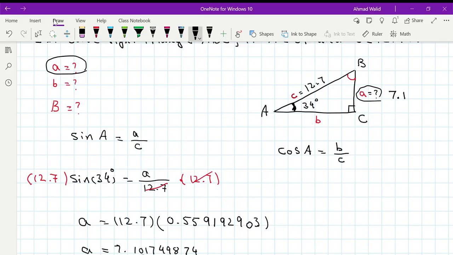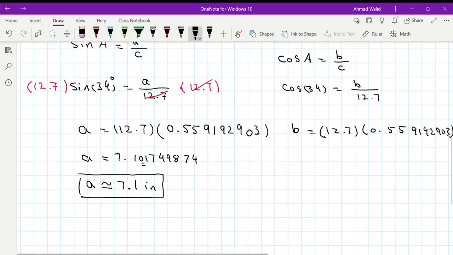It means cosine of 34 degrees equals b over 12.7. Again, multiply both sides by 12.7. You can write b equals 12.7 times cosine of 34.